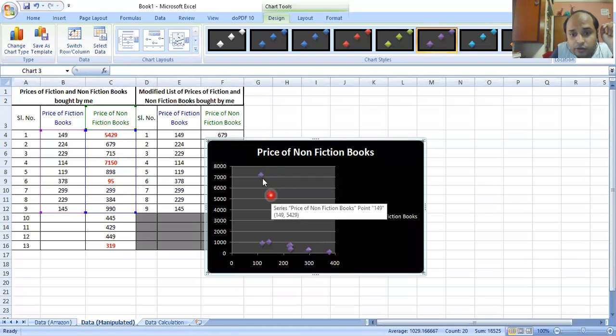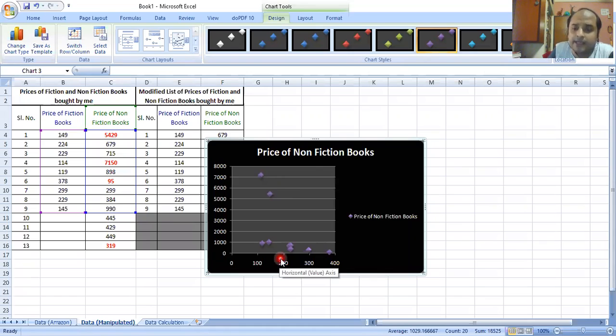These two prices are too high, and they are far away from the x-axis. Actually, these are 1000-digit figures, and these are not interconnected. You cannot relate these two digits with the other 100-digit figures.